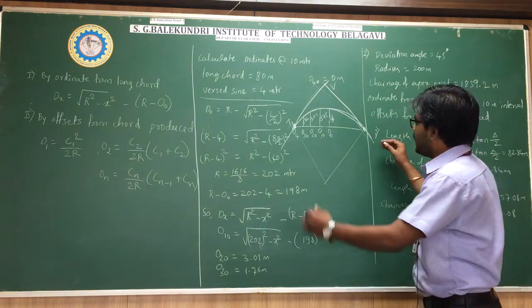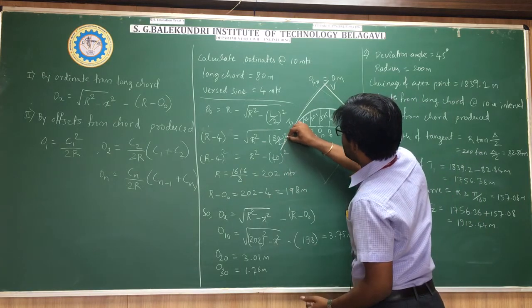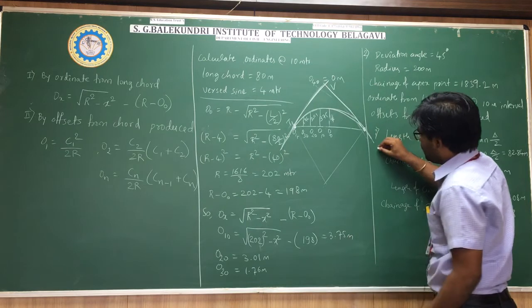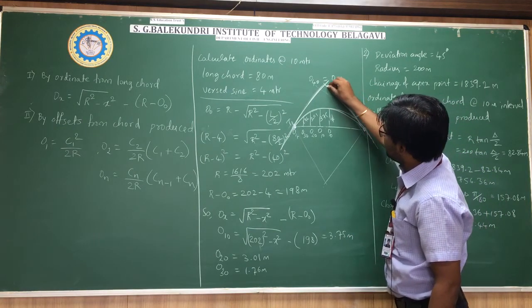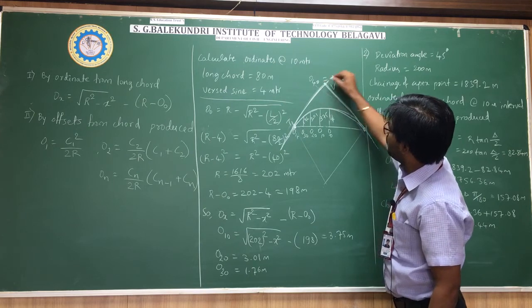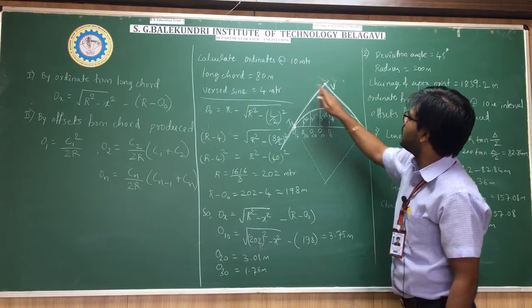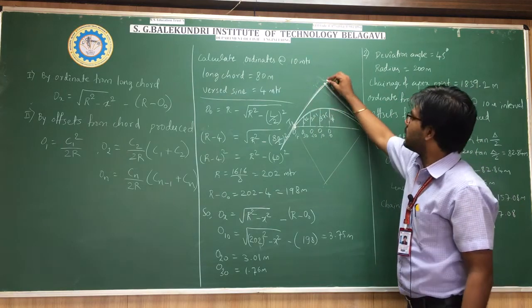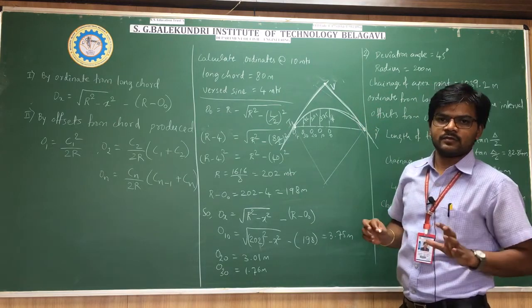If the forward tangent and the back tangent are extended, they will meet at the vertex point. This vertex point is the point of intersection.